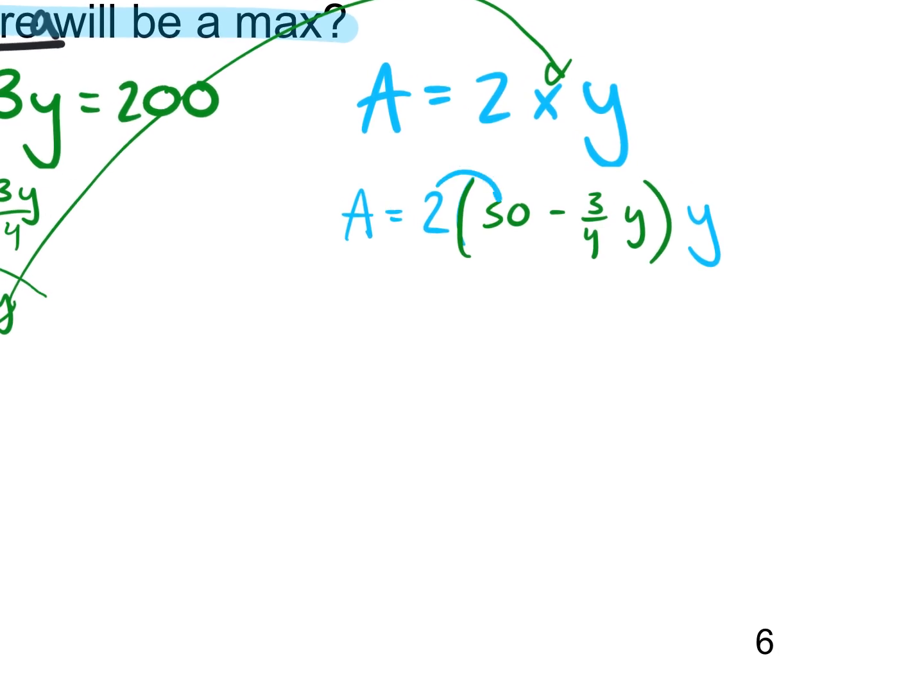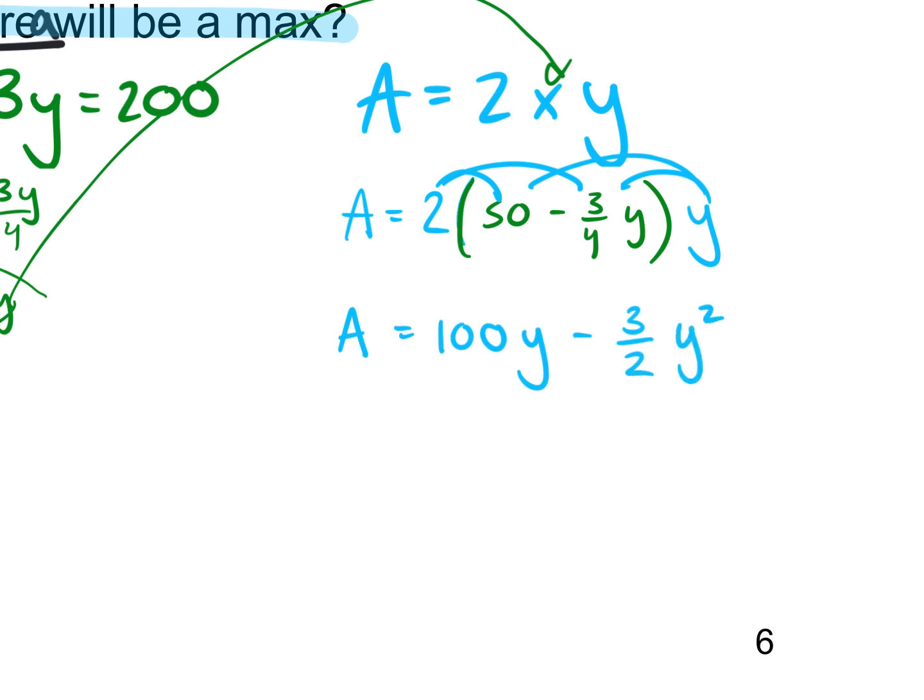I can distribute the 2 to everything, and I can distribute the y to everything. I'll do the 2 first, just so we could do it at once. It doesn't really matter. So 2 times 50 would be 100 times y, so 100y. And then 2 times negative 3/4 would be 6/4, which simplifies to 3/2, so minus 3/2 times y would be y squared.